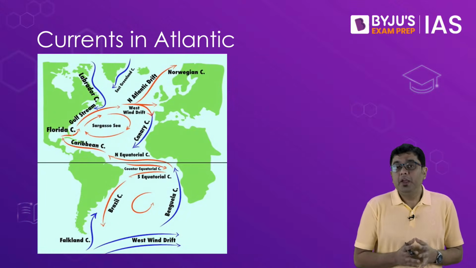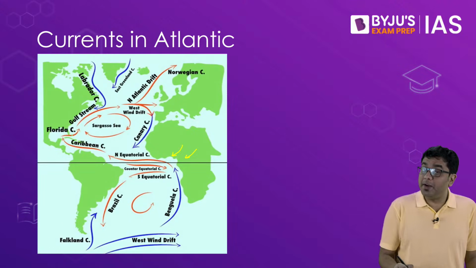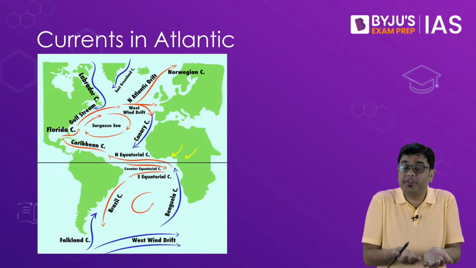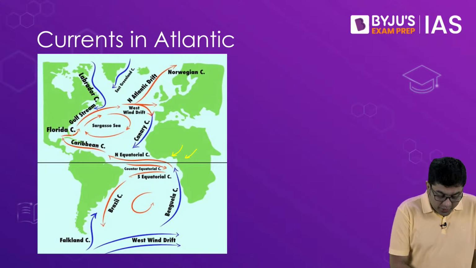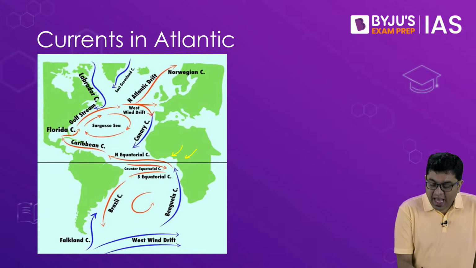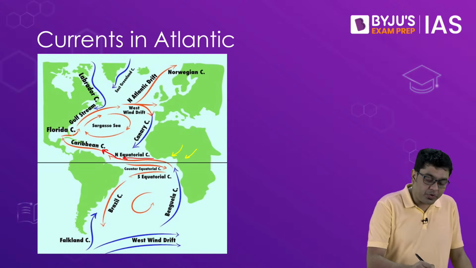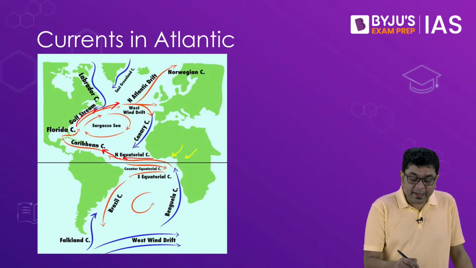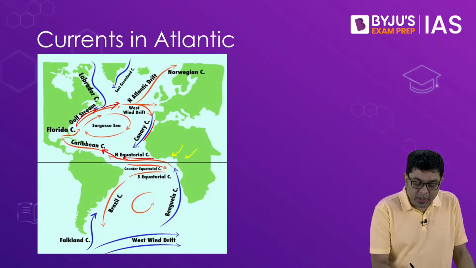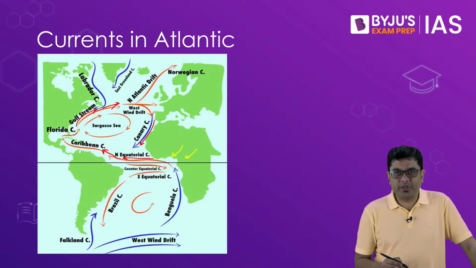For example, under the influence of the trade winds, the water which was expanded in the equatorial areas, in the tropical region, starts moving. As that water starts moving, because of the shape of the coastline and the Coriolis force, in the northern hemisphere it will bend to the right, and thereby you have warm waters going into the higher latitude and colder waters coming to the lower latitude. And overall you have a clockwise circulation which is achieved.